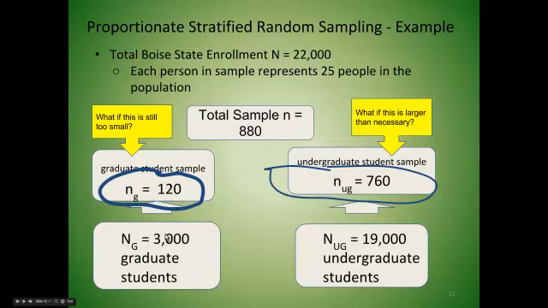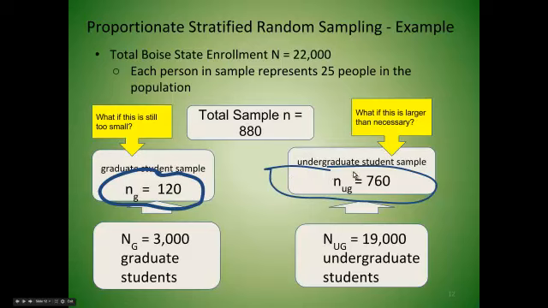For example, if in analyzing the data, you want to be able to break down this sample of 120 to further compare the experiences of graduate students in different programs based on gender, based on age, whether they're full-time or part-time students, or other factors, a sample of 120 may not be big enough to allow a robust analysis of subgroups. And by comparison, a sample of 760 may be larger than you need.